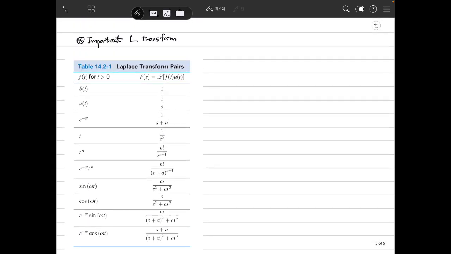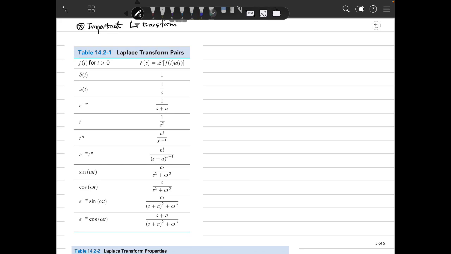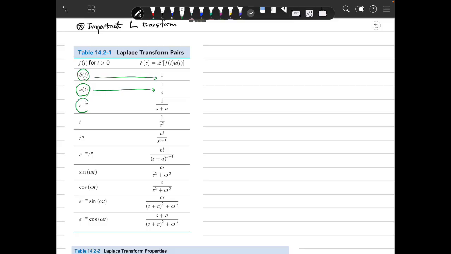So you can use it to know that when you take the Laplace of the delta function, the value is 1. If you transform the unit step function, that will be 1 over s. The exponential function is 1 over s plus a. t can be represented as 1 over s squared. Sine is that, and cosine is in this manner.